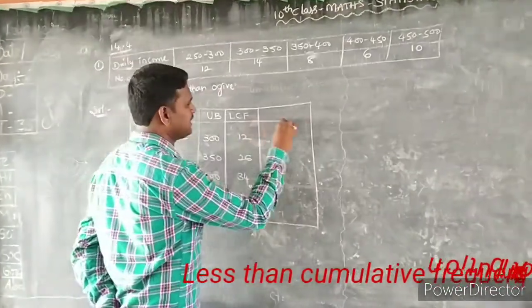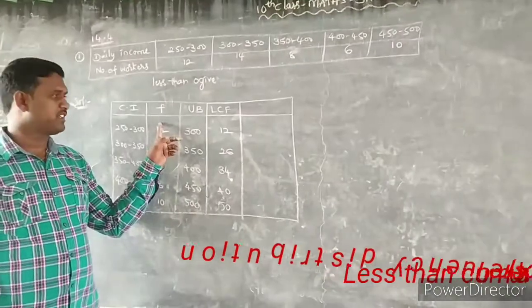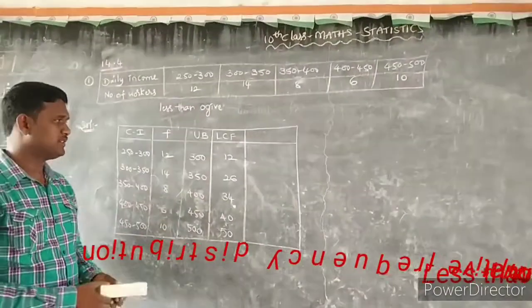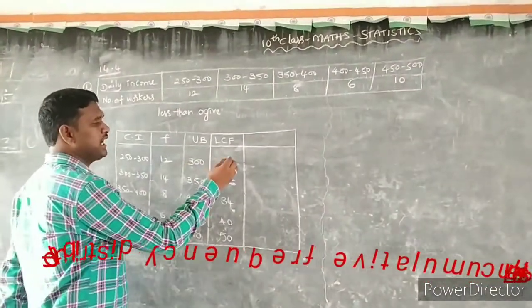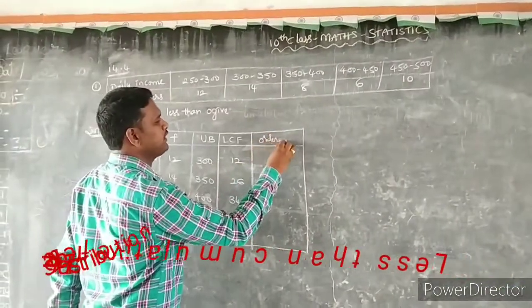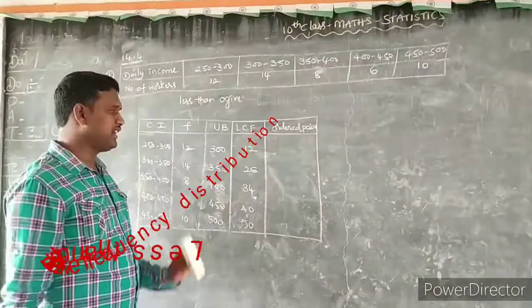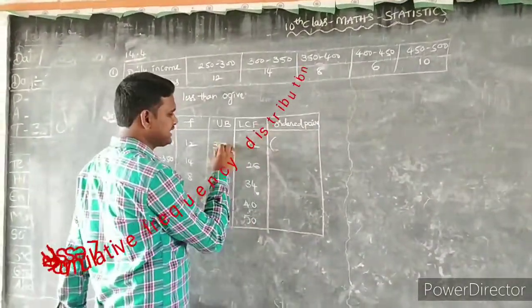This is a less than cumulative frequency distribution table. Upper boundaries and LCFs can be written as ordered pairs. Let us write ordered pairs, because to draw the graph, we need ordered pairs. On x-axis, we will take boundaries.